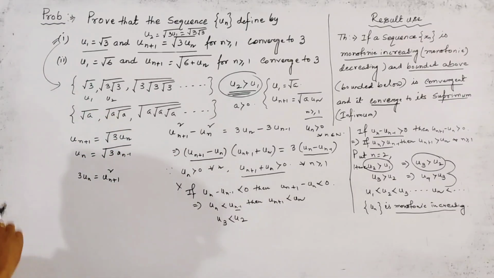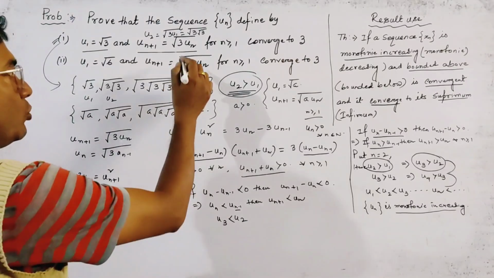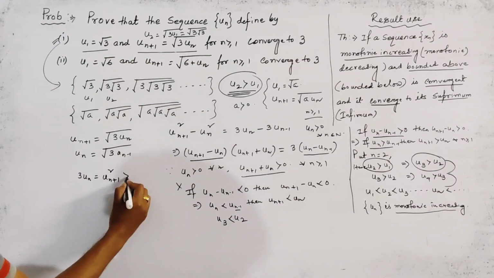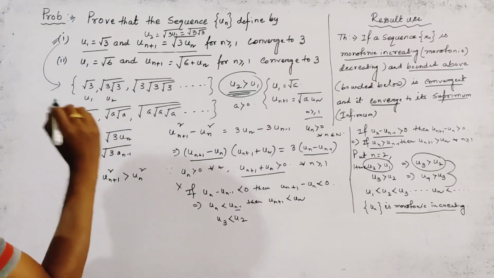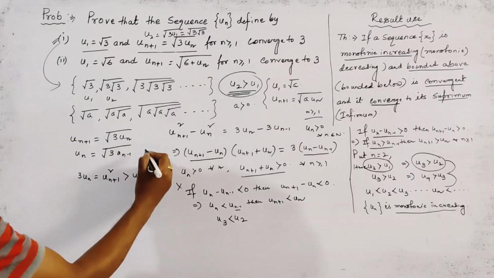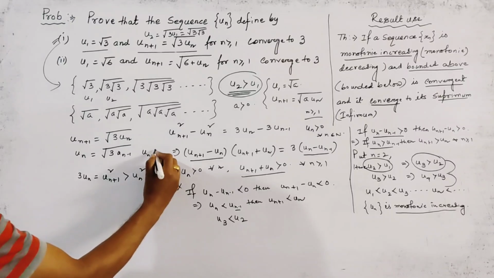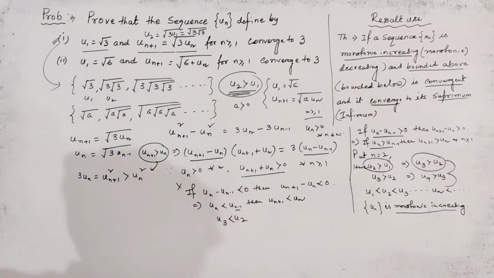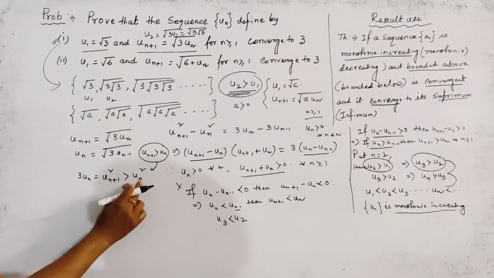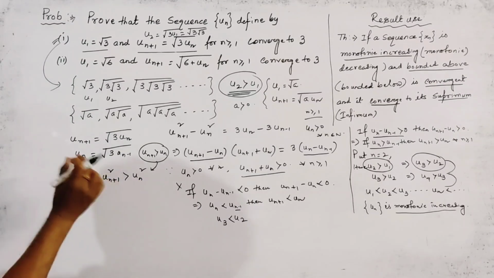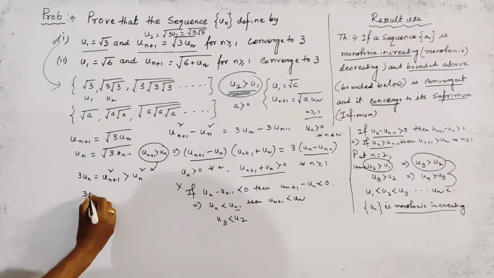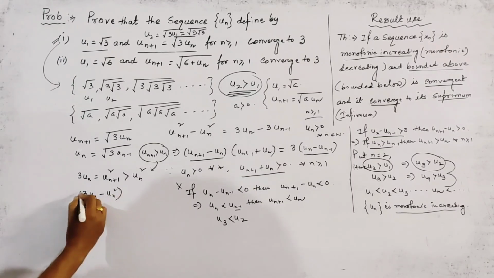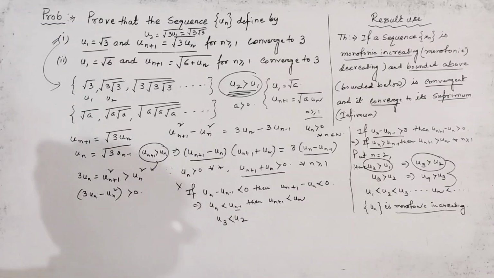We already get that this sequence is monotonic increasing, so we can write this is greater than un square, because for a monotonic increasing sequence un plus 1 greater than un. We use this relation here. Now we take left side and right side, neglecting the middle portion, and we get 3 into un minus un square greater than 0.